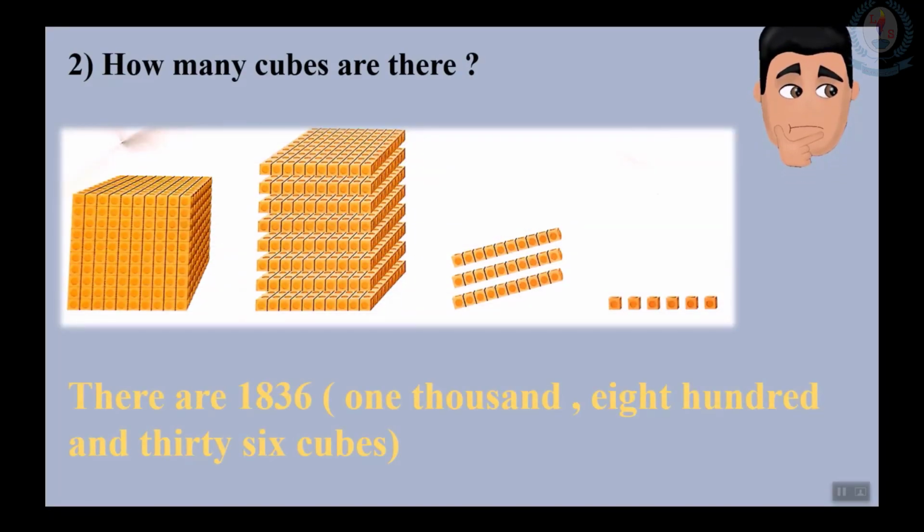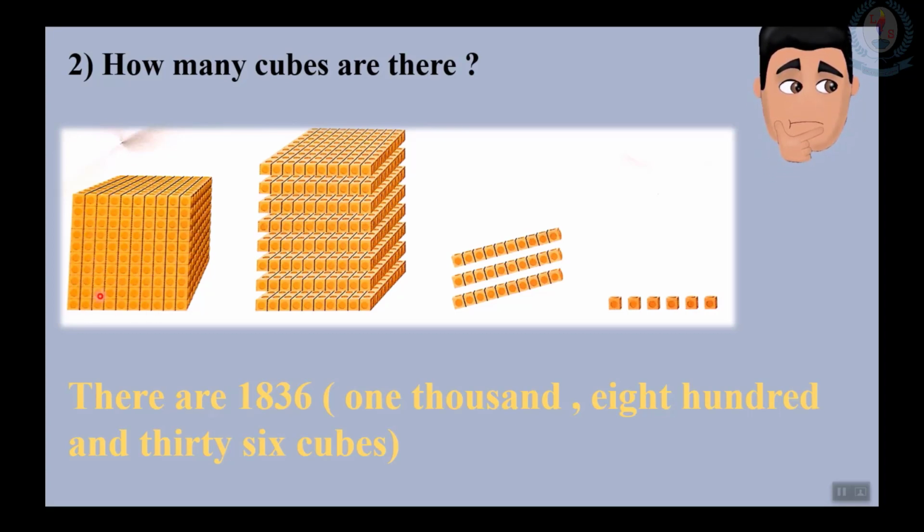Second example, how many cubes are there? First we count these cubes. In here, as we know, each set has 100 cubes. Then we'll count 1, 2, 3, 4, 5, 6, 7, 8, 9, 10.